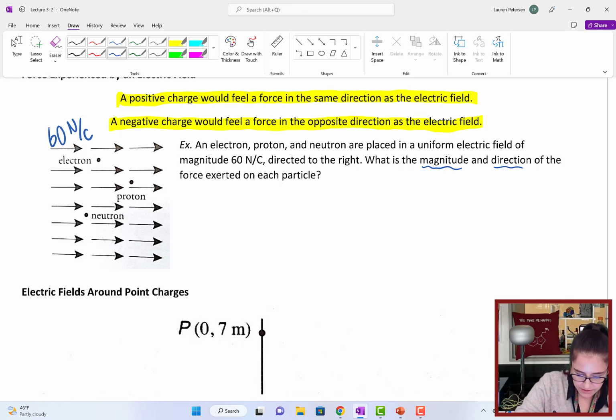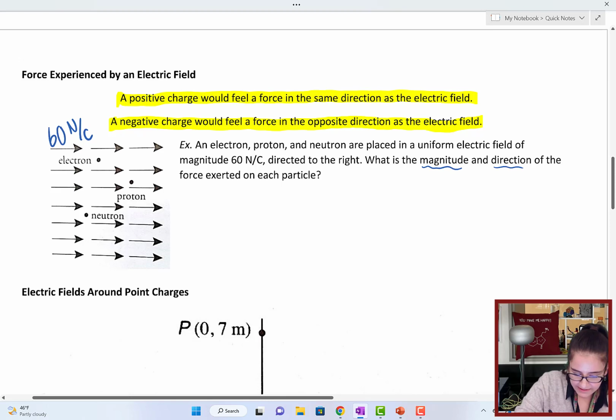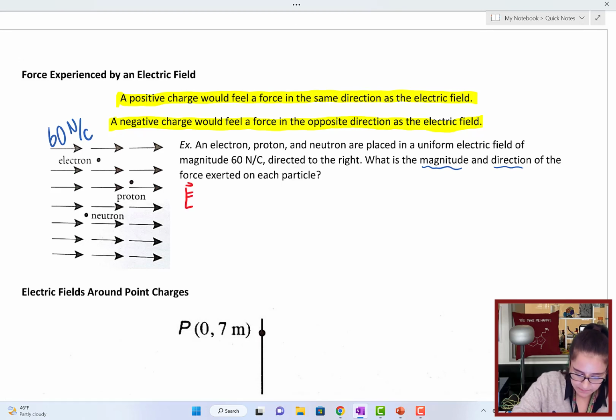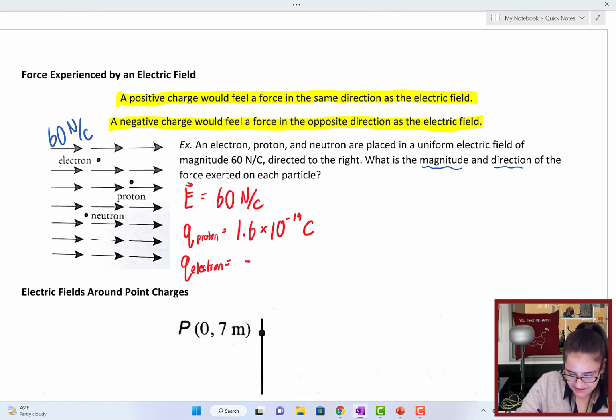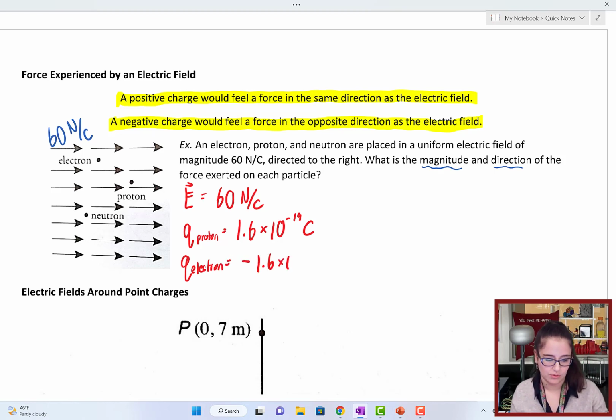We know the electric field strength is 60 newtons per coulomb, and then Q proton will be 1.6 times 10 to the negative 19 coulombs, and Q electron is that same value, but negative: negative 1.6 times 10 to the negative 19 coulombs.